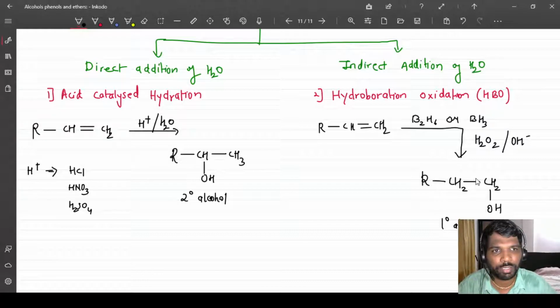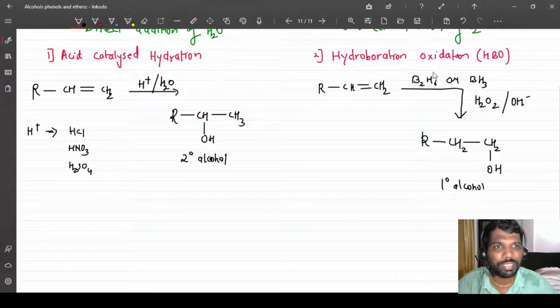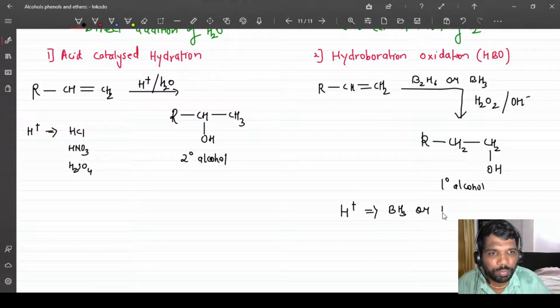Now, why is this called indirect hydration? In this case, the reagent is BH3, borohydride. The H+ which is added over here is from BH3, this reagent, or B2H6.